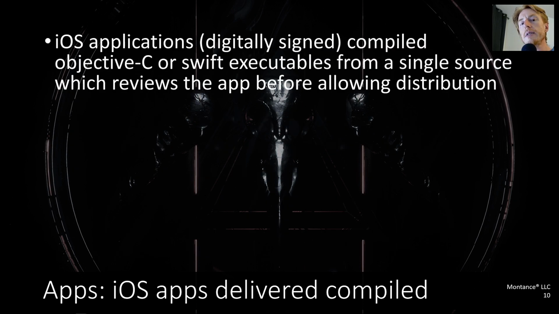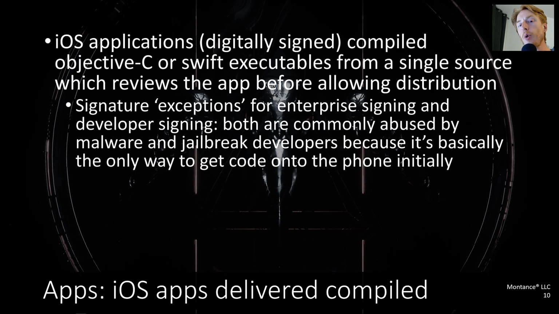Also important to realize is that the iOS applications are delivered as compiled executables. It's either Objective-C or Swift, where they've actually been written and then they're compiled. In order to have an application on your iOS device, that application must come from Apple with a digital signature.